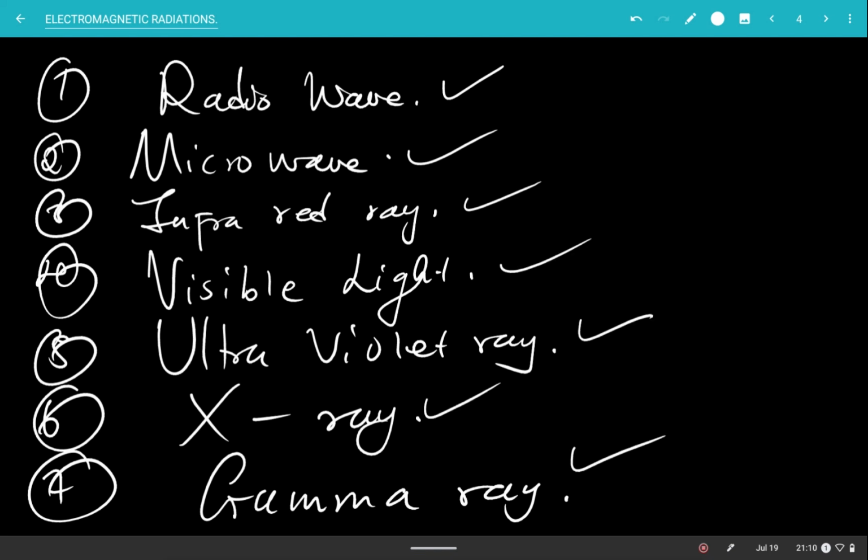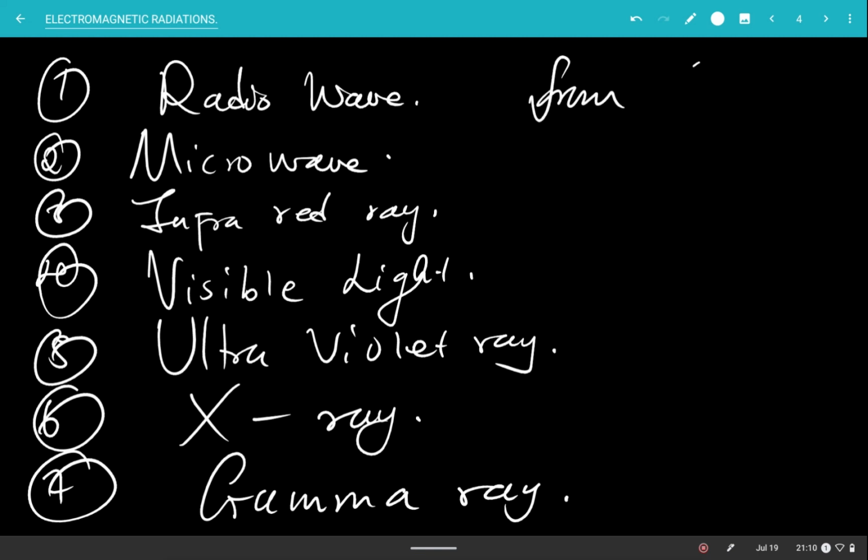Alright, now that we know these electromagnetic waves, we need now to understand how they really work, which is where we have to look at their uses. But before we even do that, I want you to understand that as you move from 1 to 7, there will be an increase in 2 things.